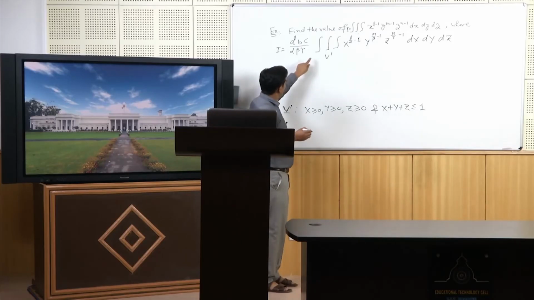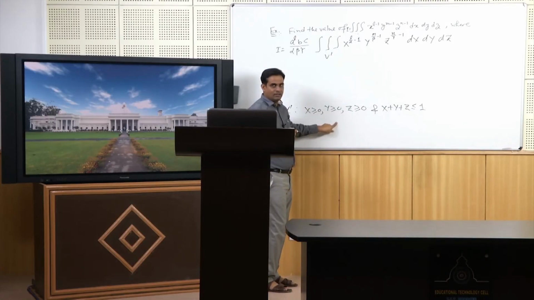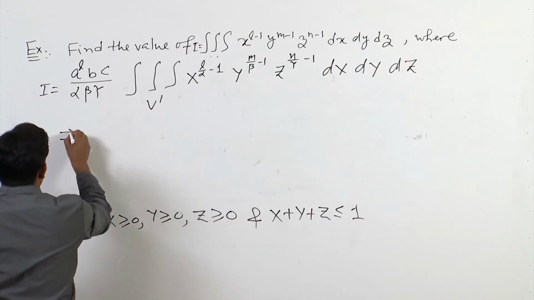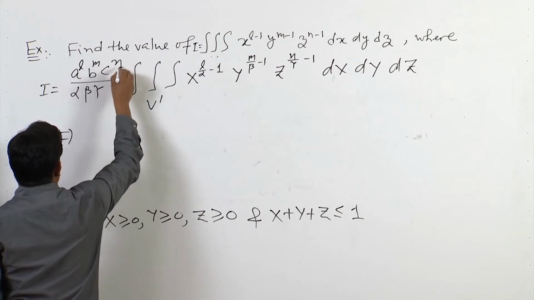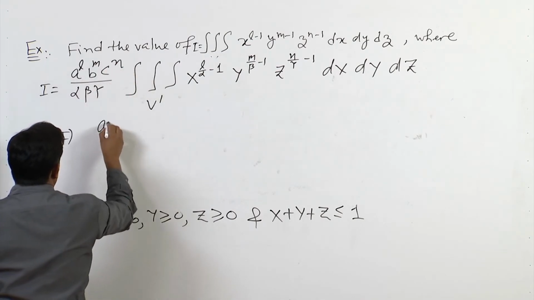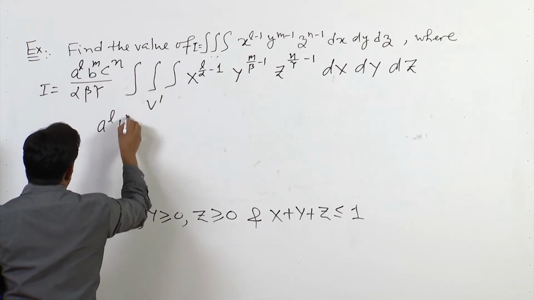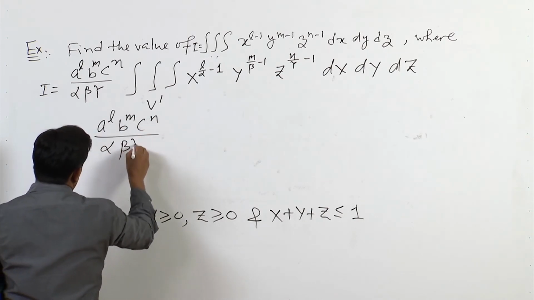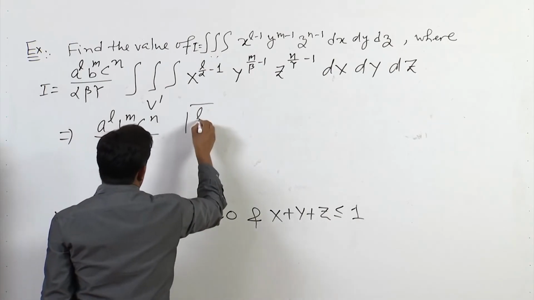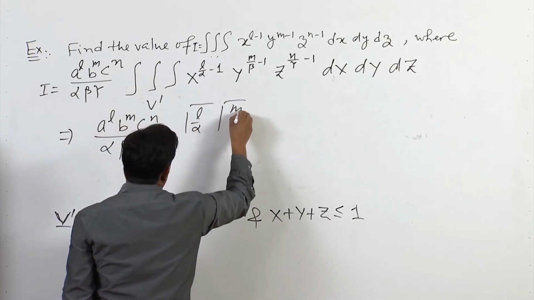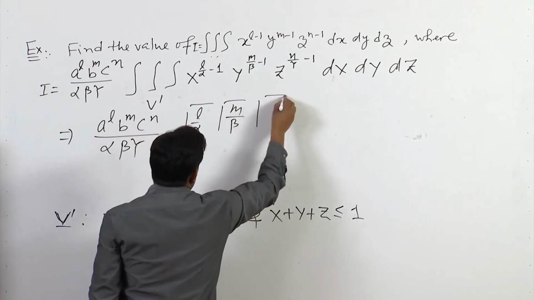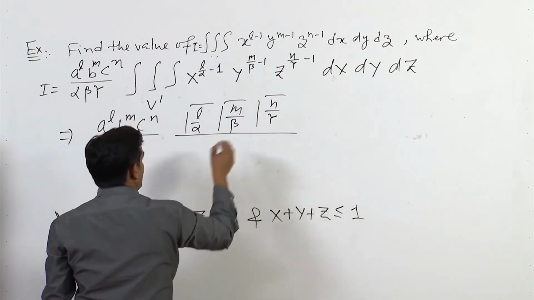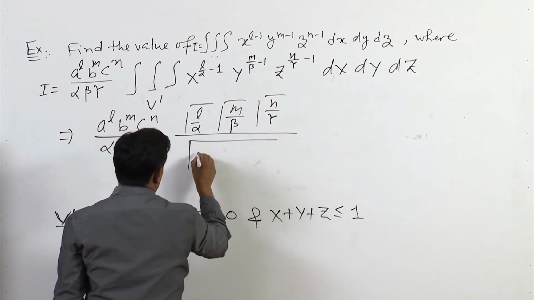So, now I need to solve this integral over this region. By the Dirichlet formula, what will I get? This will become a raised to power l, b raised to power m, c raised to power n, upon alpha beta gamma, times gamma of l by alpha, gamma of m by beta, gamma of n by gamma, upon gamma of (l by alpha plus m by beta plus n by gamma plus 1).